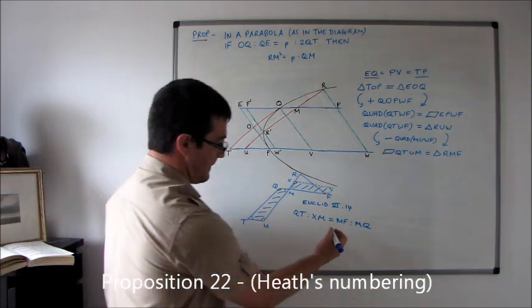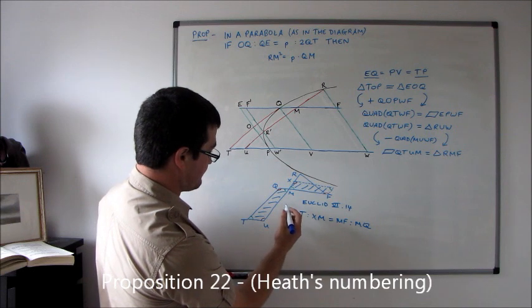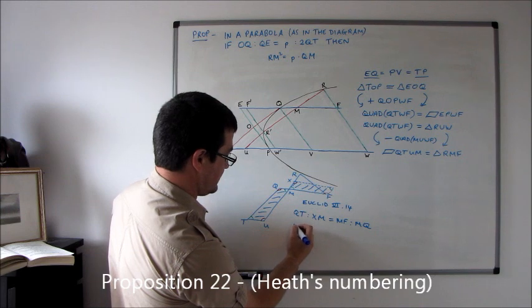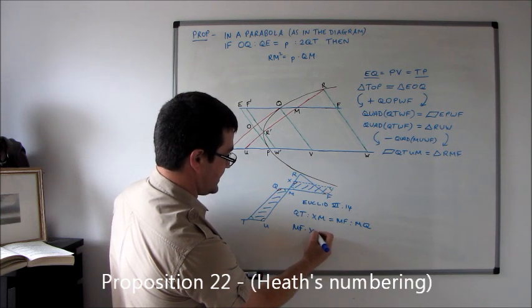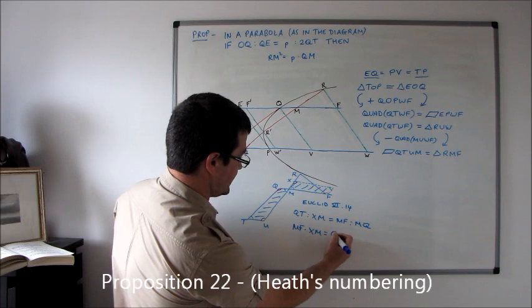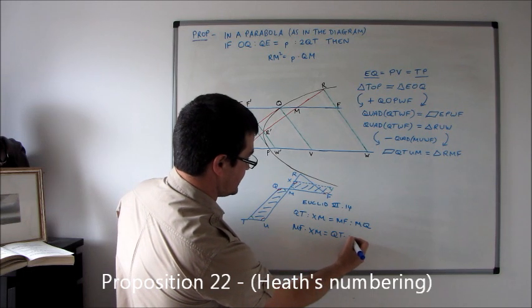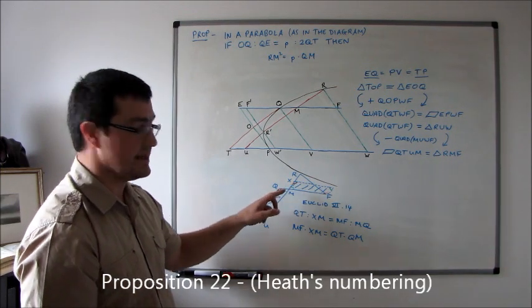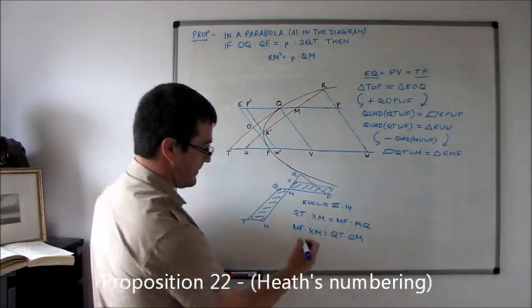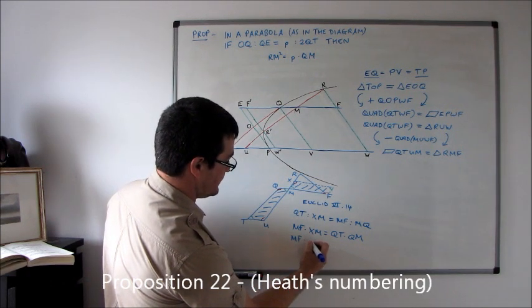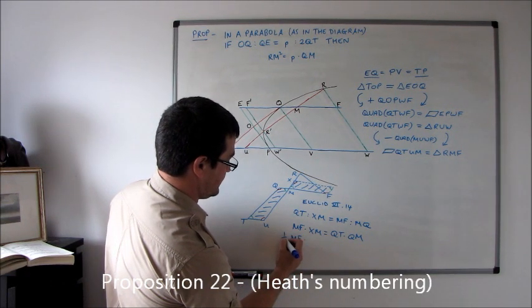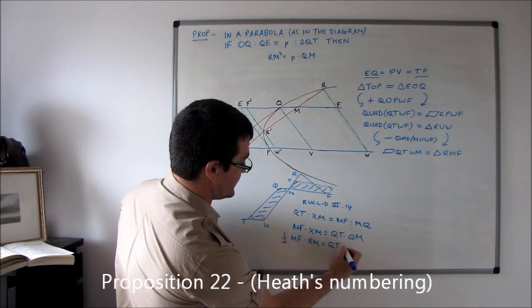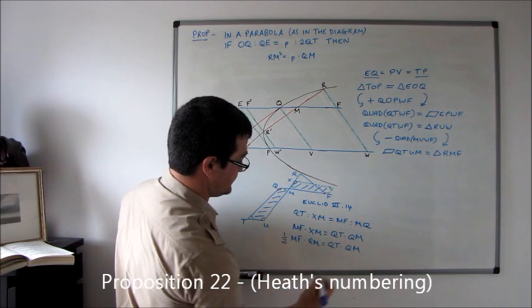So therefore, MF times XM is equal to QT times QM, but XM is half of RM, so MF times a half RM is equal to QT times QM.